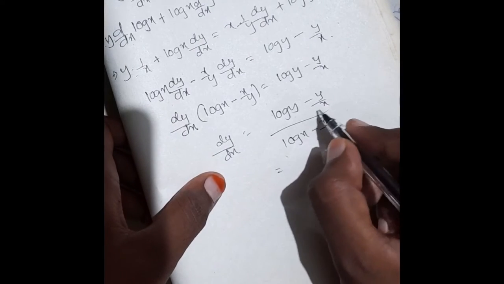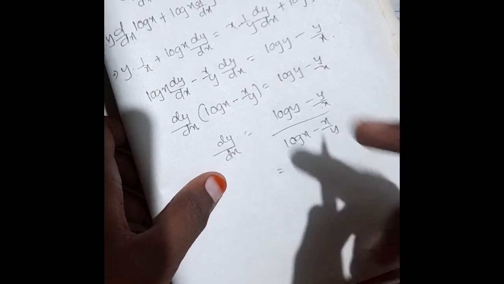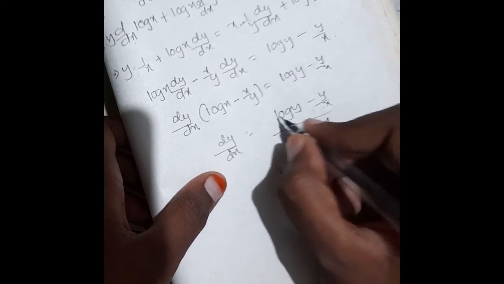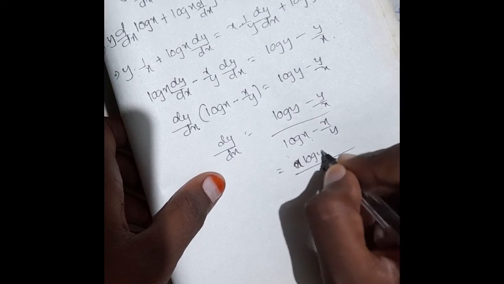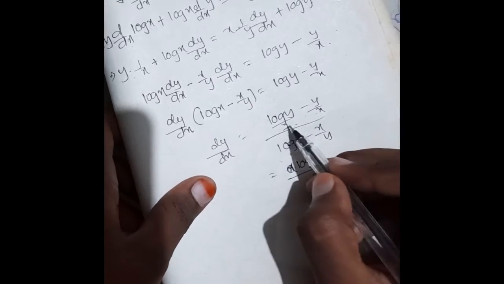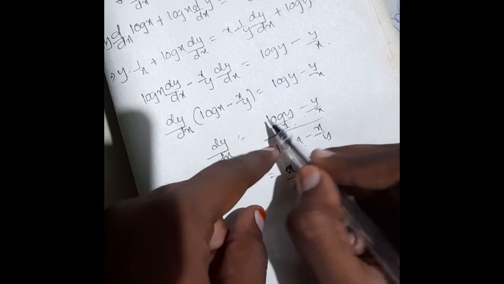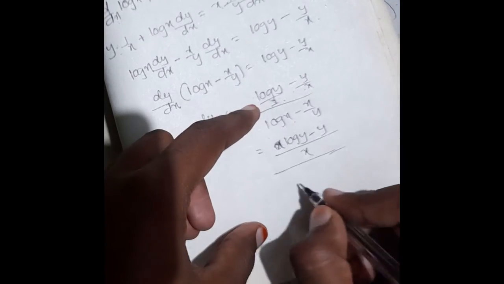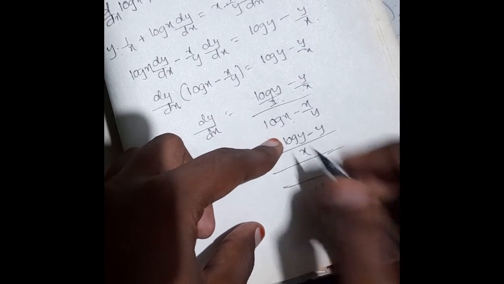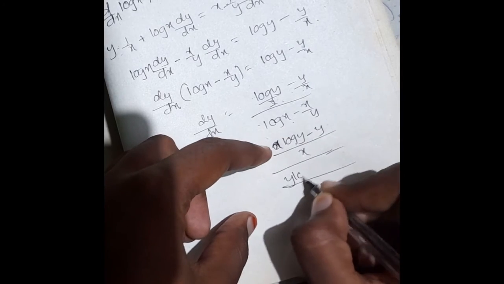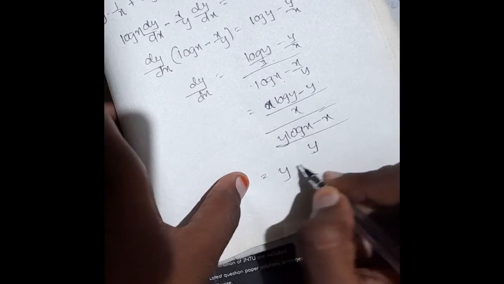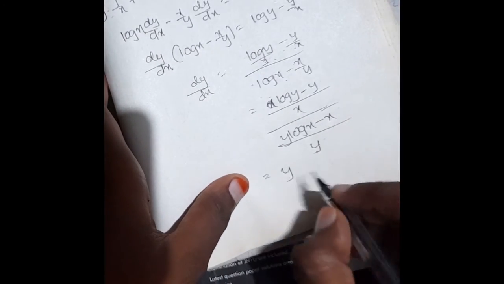So now doing LCM on the numerator and denominator. What is the LCM here? x. So here x log y minus y, right? I think you know how to do LCM. In the denominator, y is the LCM, so y log x minus x. Now the y goes to the numerator.